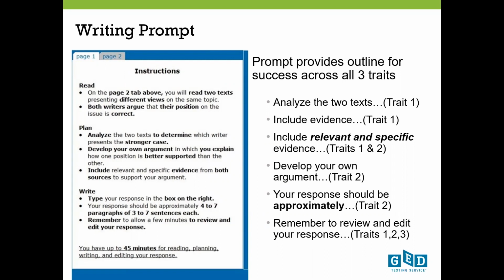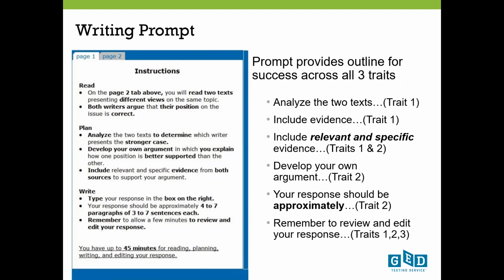But this is really to help students to know that if you just write a couple sentences or put all your information in one long paragraph and you're not really developing those transitions, then they're not going to be able to get as many points. And so this is a guide to make sure that you're putting enough meat into your argument. And that again relates to the development portion of trait 2.